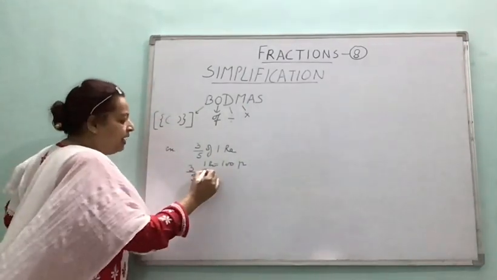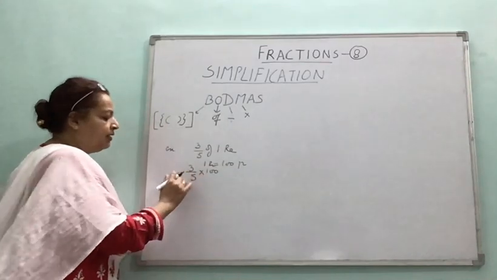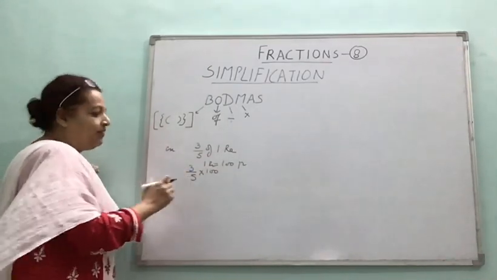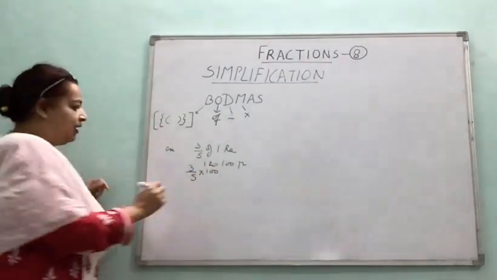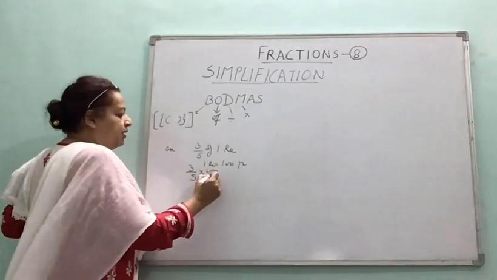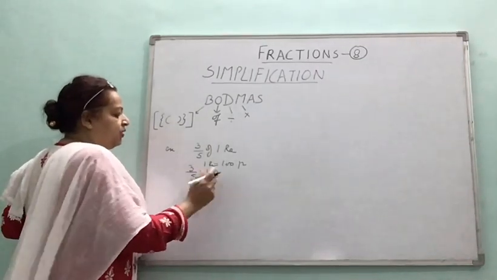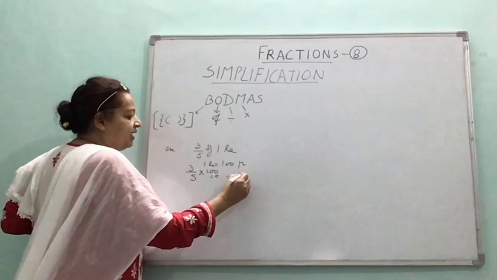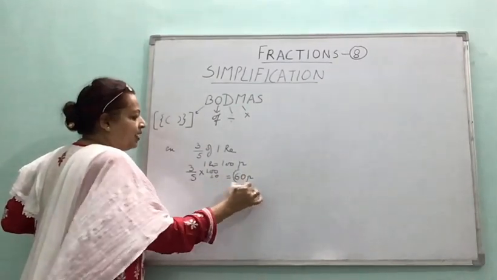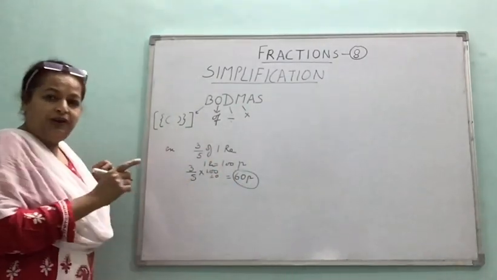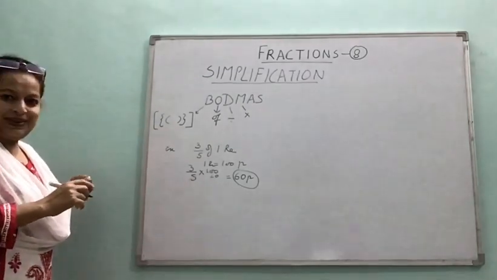So I'll multiply 3 by 5 by 100. 5 goes 20 times, so 3 into 20, 60 paisa. So 3 by 5 of 1 rupee is nothing but 60 paisa.